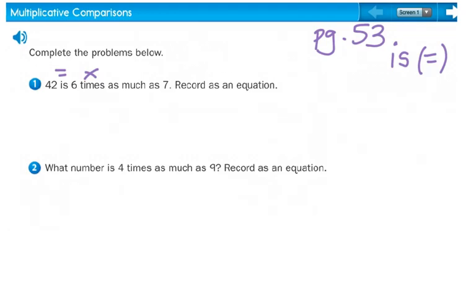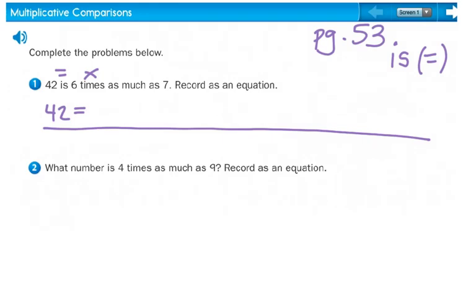I can get rid of some of these words and put down 42 equals 6 times 7. So write this on the line that you have provided on journal page 53. 6 times as much as 7. That is the equation that you should have written.